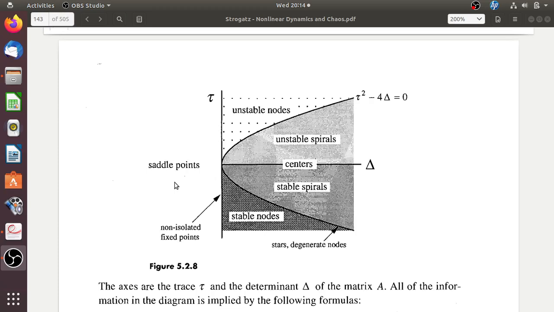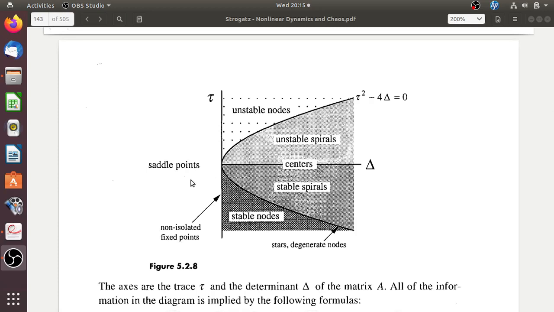So that will provide us a saddle node. Therefore, when the determinant is negative, we will have a saddle point. That equilibrium point is a saddle point.